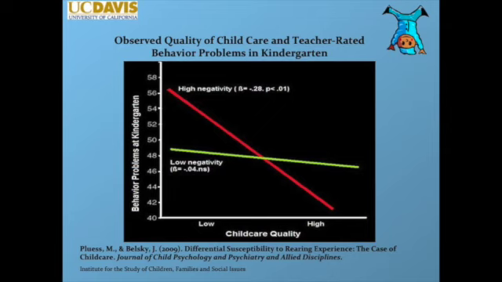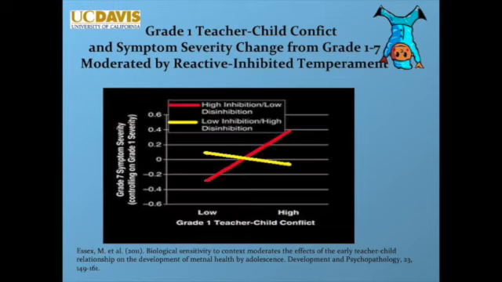The evidence seems to suggest that's not the case. And we have the same thing. Now we're looking at conflict with the teacher in grade 1 and looking at symptom severity change from grade 1 to 7. The same storyline. Those who have a reactive inhibited temperament, they're easy to distress, they're easily upset, they're affected for better and for worse. The other kids aren't.